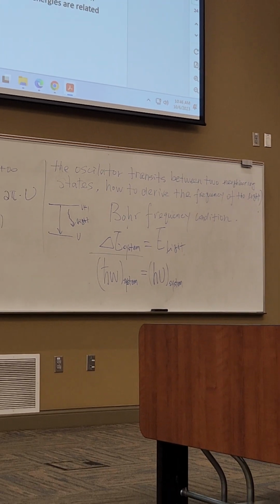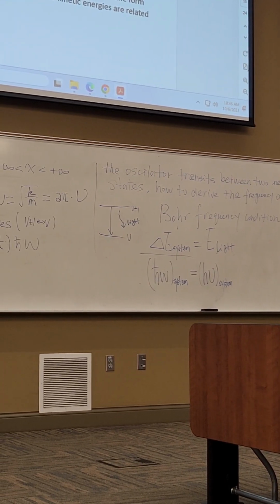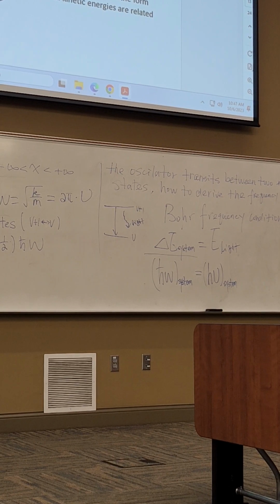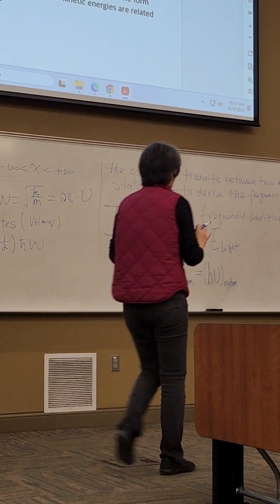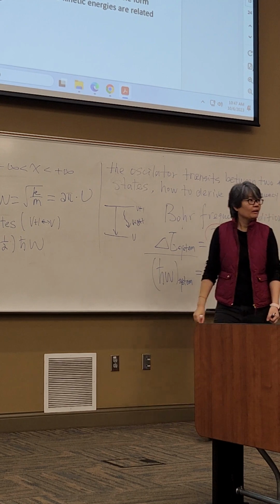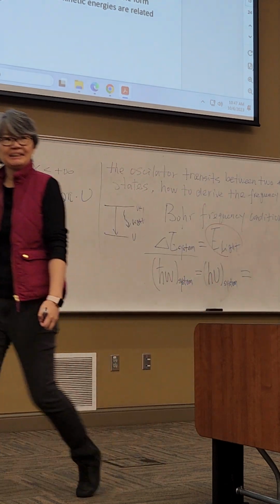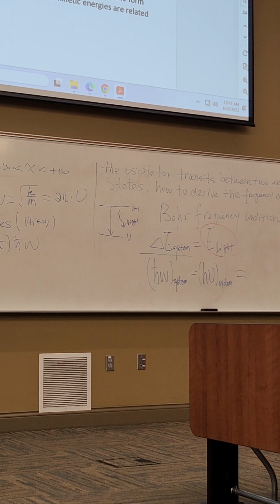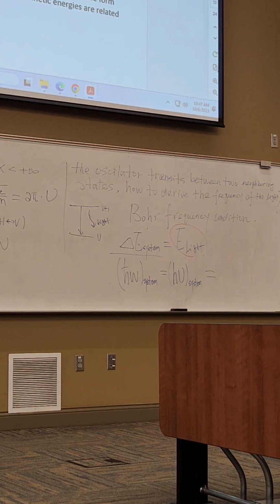That is, I have a frequency because it's oscillating for the particle, it has an angular frequency, and also has a normal frequency. That difference from your system has to equal the energy of the light. How can we calculate the energy for the light? The light is a photon.